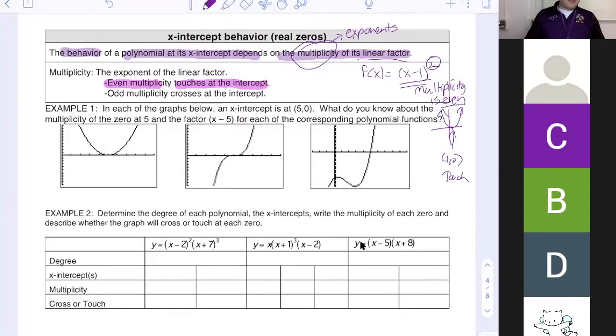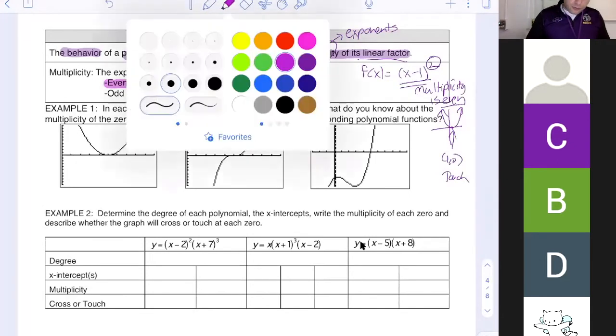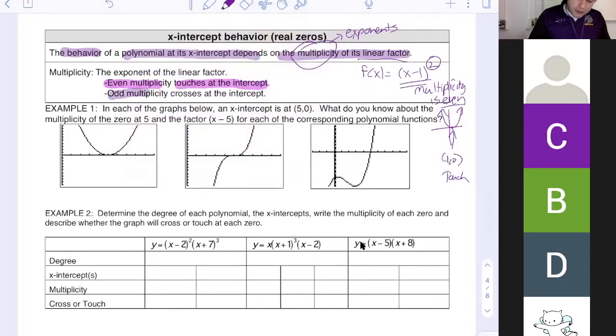Now there's also odd multiplicity, and we've seen those too. For example, if I have y equals x minus 1 times x plus 2, we know it crosses the x-axis at positive 1 and negative 2, and it would look something like this.